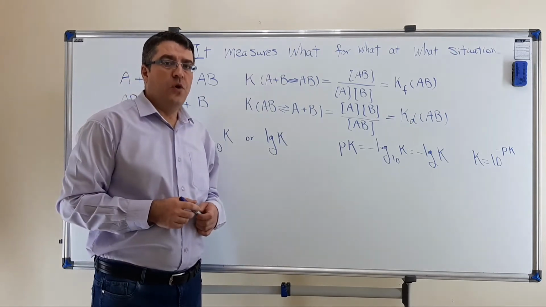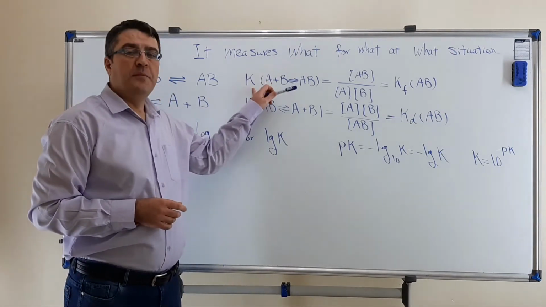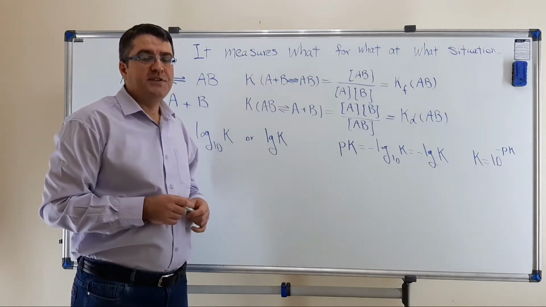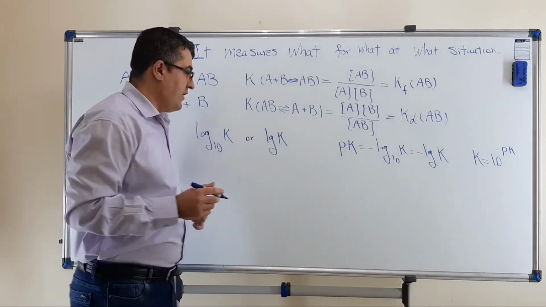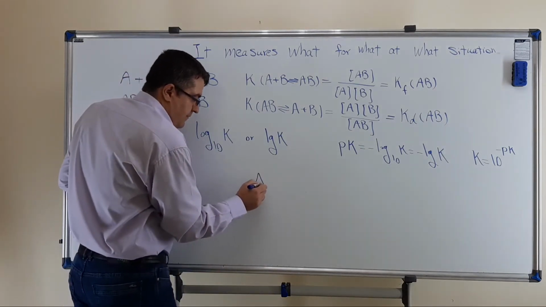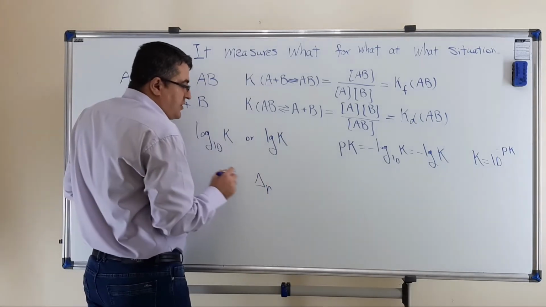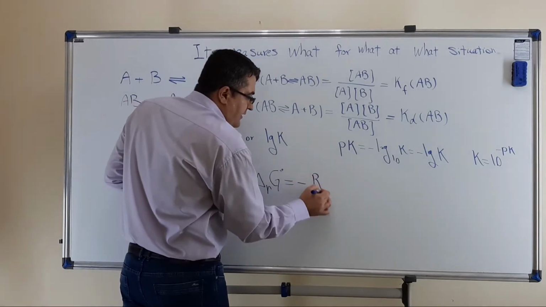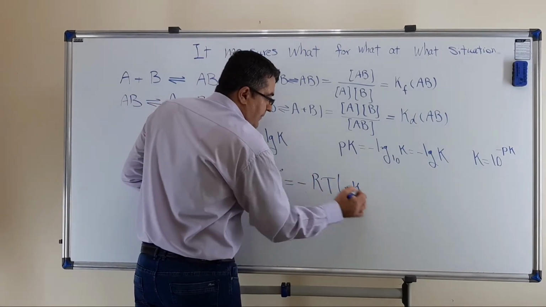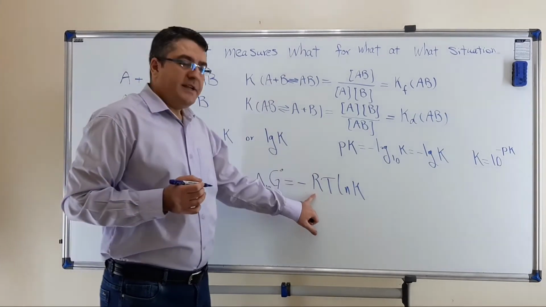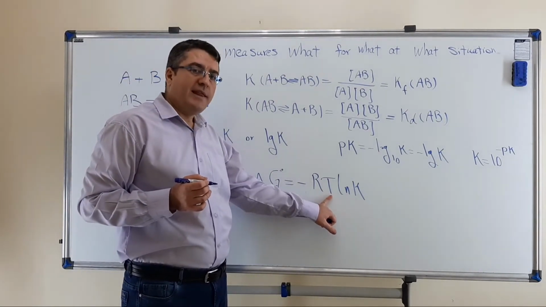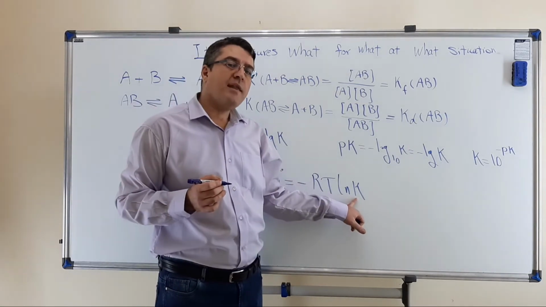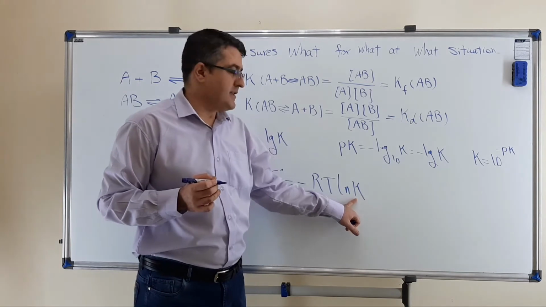It is important to know that having equilibrium constants is like having Gibbs energy changes, since they are related to each other by this relationship. Standard reaction Gibbs energy is equal to negative RT ln K, where R is the gas constant, T is the thermodynamic temperature, ln is the natural logarithm, and K is the thermodynamic or standard equilibrium constant.